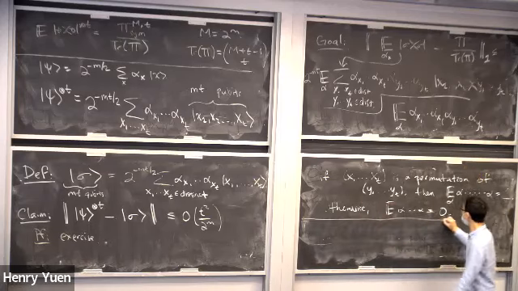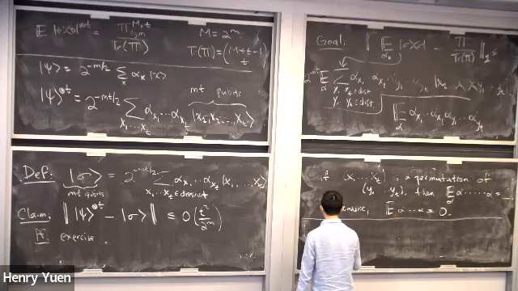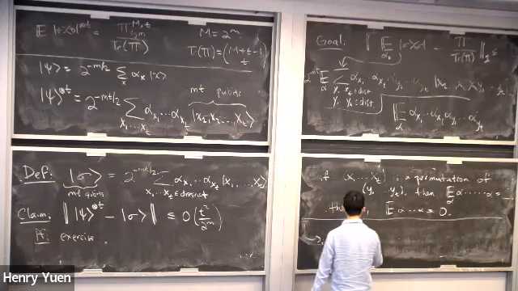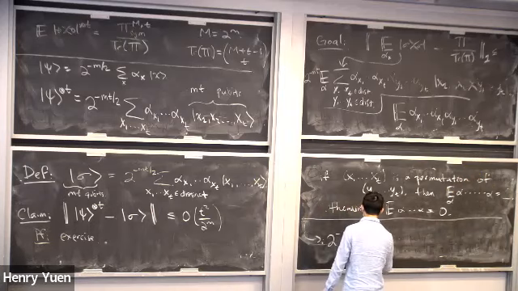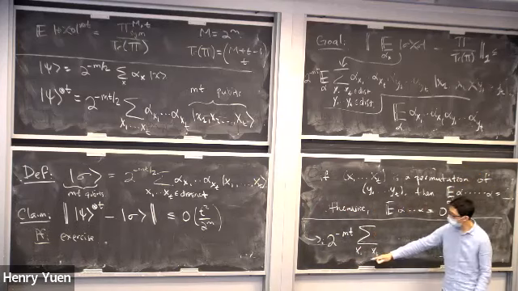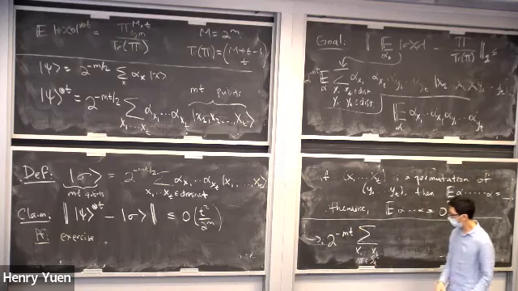That means we can just continue to drop terms. This density matrix is just going to be 2 to the minus mt, and you just sum over all the x1 up to xt's, and you sum over all possible permutations of these strings. I'm going to call that S_t, the set of permutations.